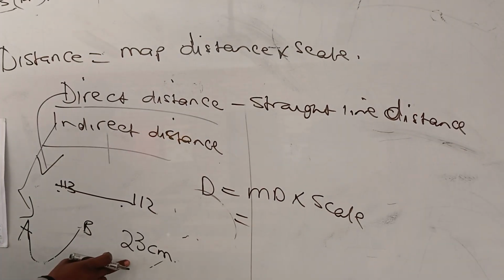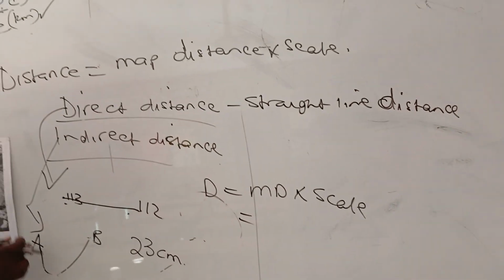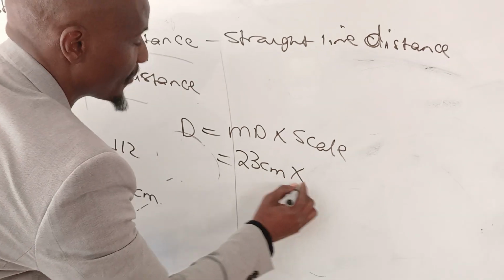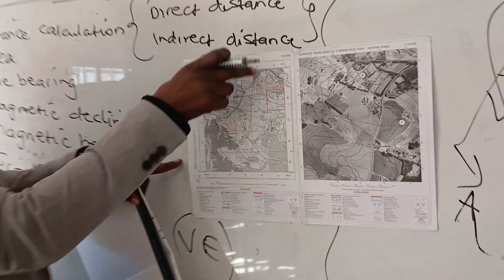So what is my distance? My map distance, this is what I measured from A to B, which is 23 centimeters, multiplied by the scale.